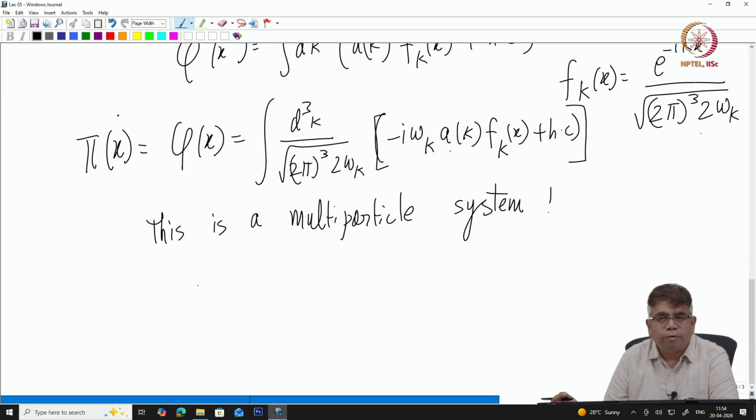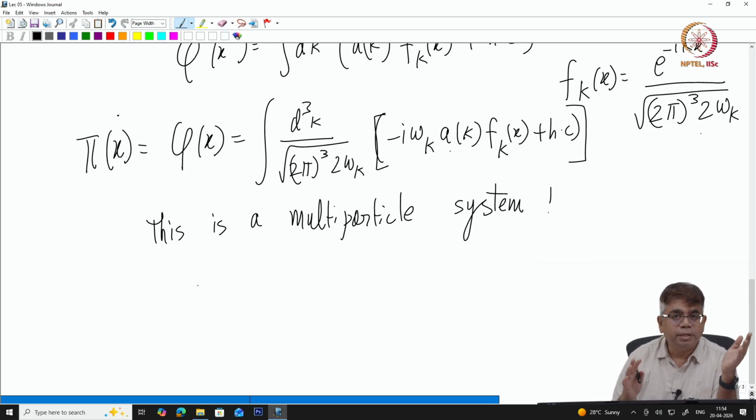This cannot be thought of as a single particle like what we did in the relativistic quantum mechanical picture, where we considered one single particle as a wave function, and then we saw that there is always an antiparticle wave function associated with it. Here we are talking about a real scalar field.